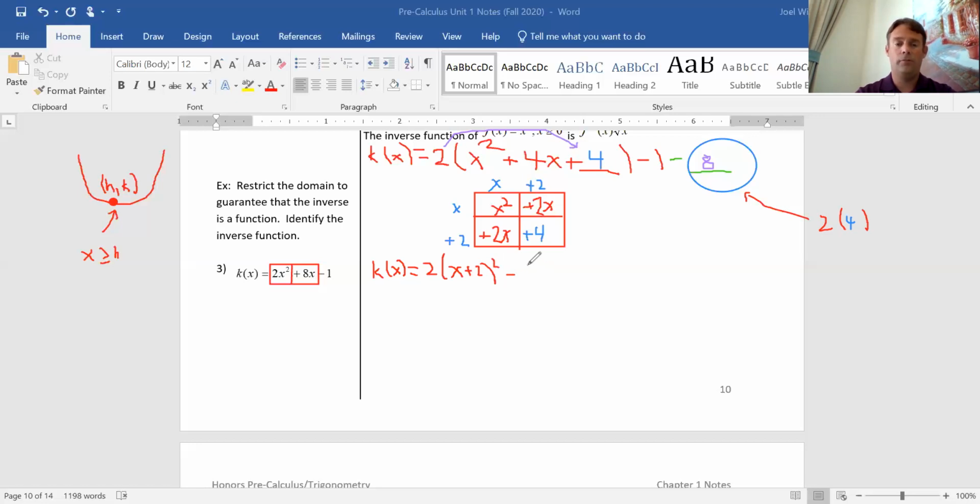So in other words, I know what the h and k were. For this particular problem, the h and k would have been -2, -9. So if I wanted to restrict the domain, I'm only going to be using the portion of it where x is greater than or equal to -2, because that's the part I want.